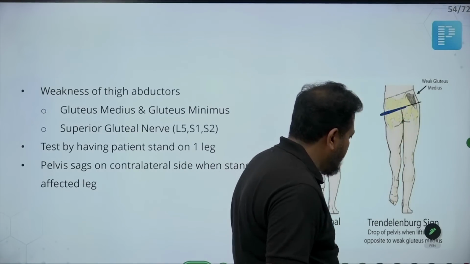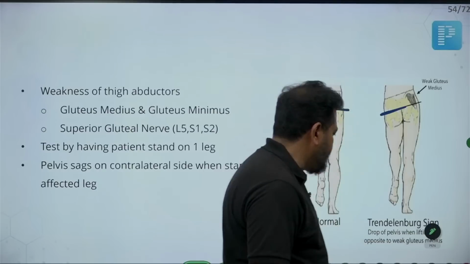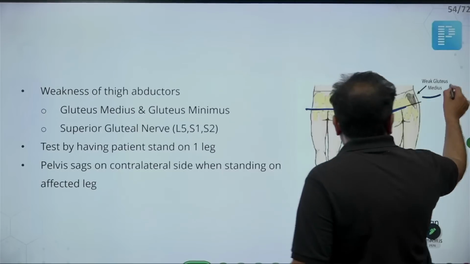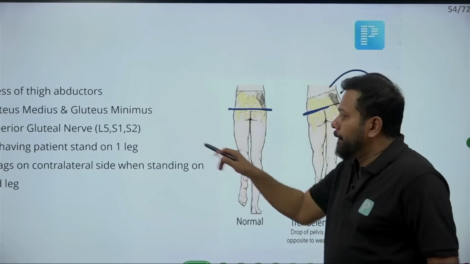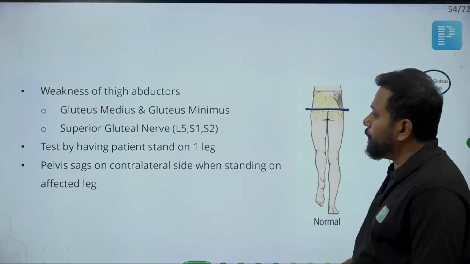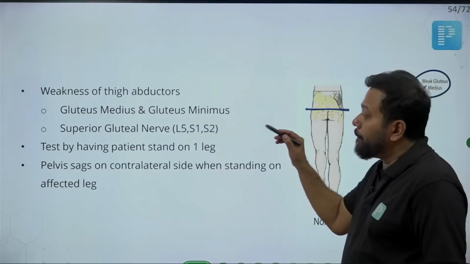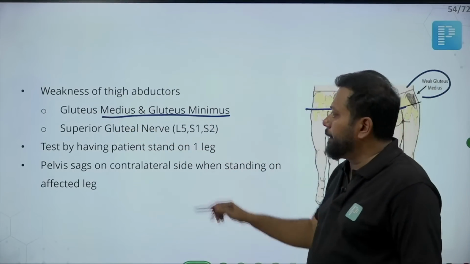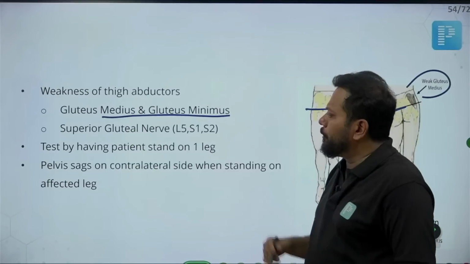This is called Trendelenburg sign. The pelvis drops with lifting on the side opposite to the weak side. This is due to weakness of the thigh abductors, mainly gluteus medius. The superior gluteal nerve can be involved.